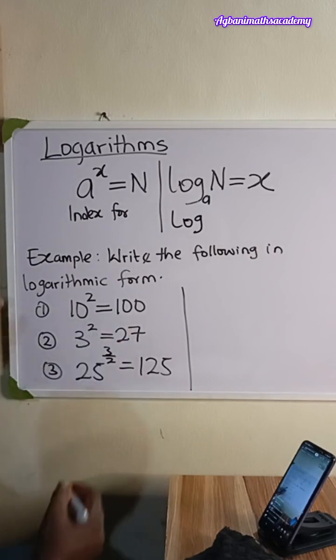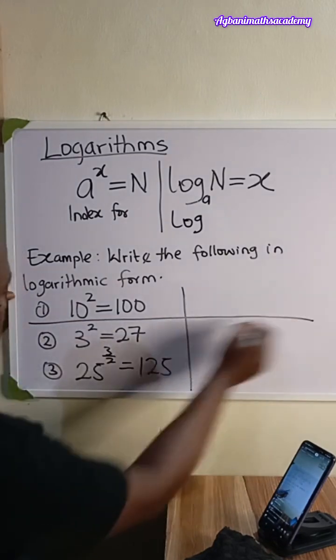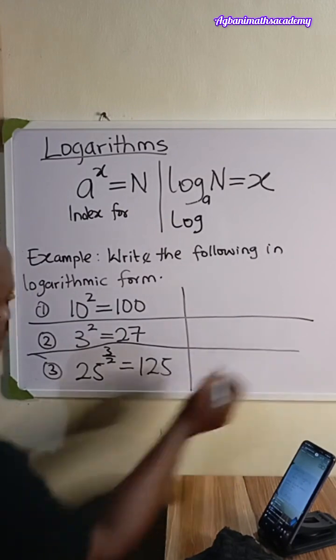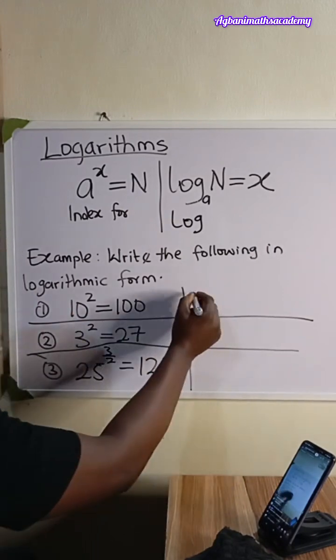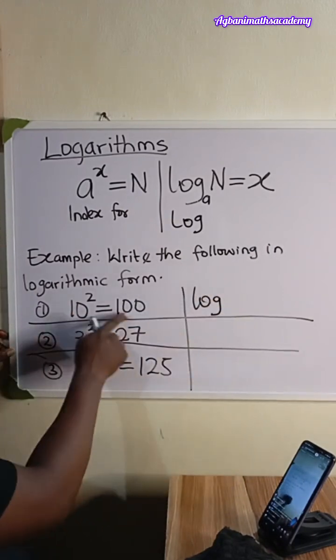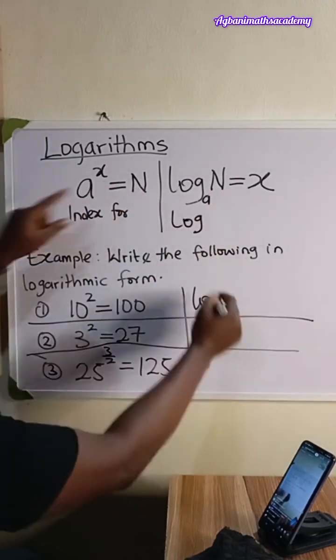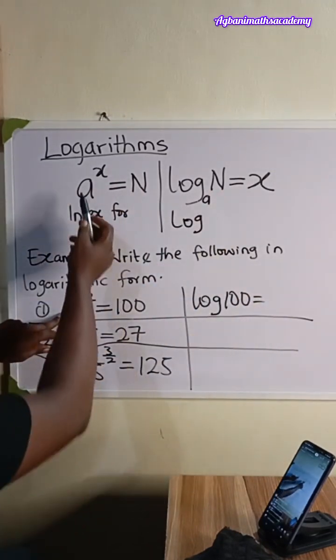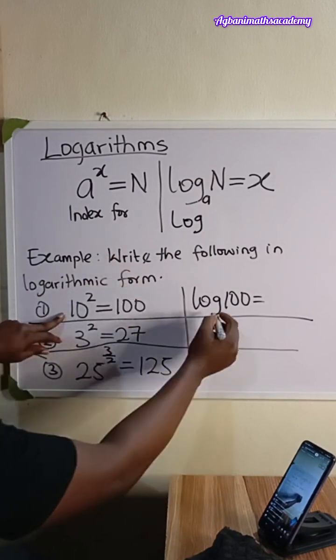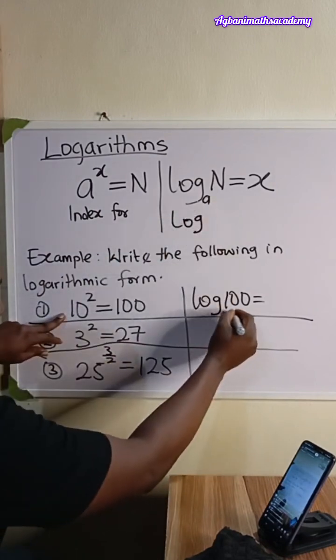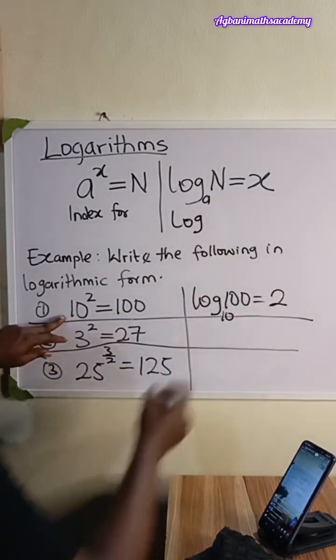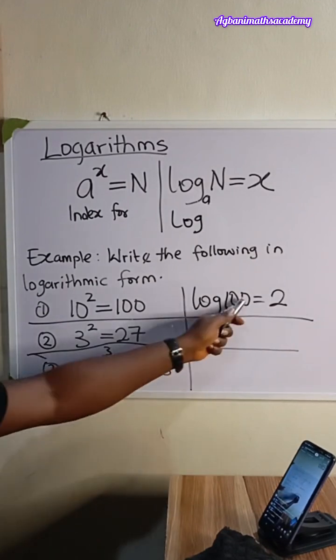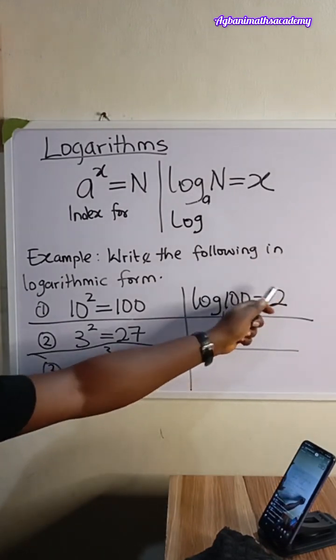So we can simply say, for this, we have log of N, 100, with our value of A becoming the base, is equal to 2.